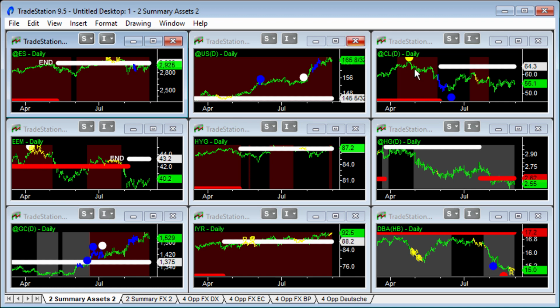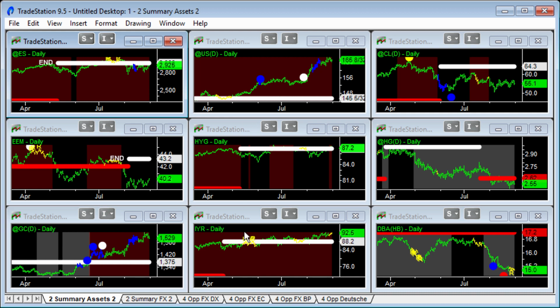It looks a little bit squished up here on a small screen, but on a big screen this all looks very pretty. But just to show you the assets that I'm tracking here, we've got the Emini and the emerging markets ETF, so from an equity point of view, and gold for precious metals.